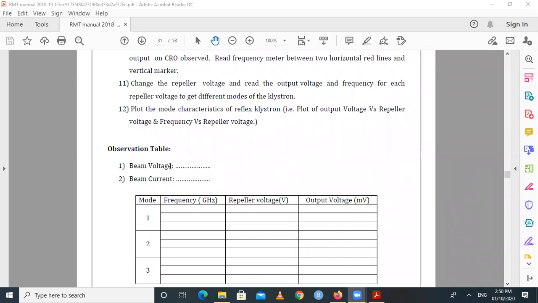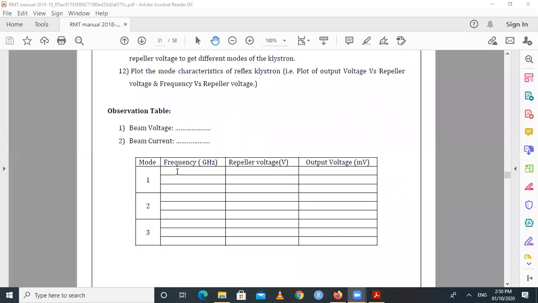See here, initially the beam voltage is set to 250 volt and the beam current is equal to 18 milliampere. As the filament gets heated, the beam current increases, but it should not exceed 25 milliampere. After that, you have to reduce the reflector voltage until you get output on the CRO. That output is treated as the first mode, and you have to take three different readings: the first minima reading, the maxima reading, and the second minima reading.